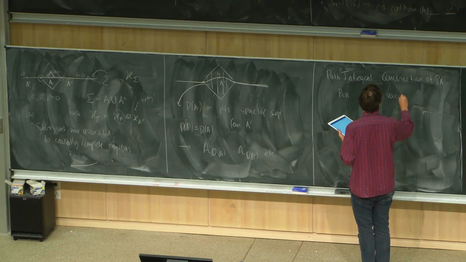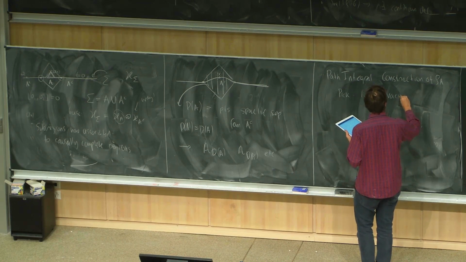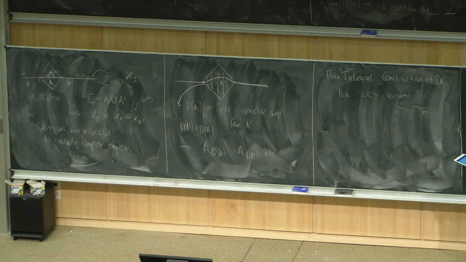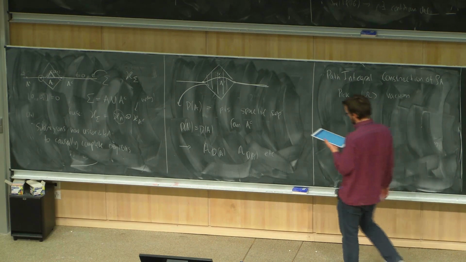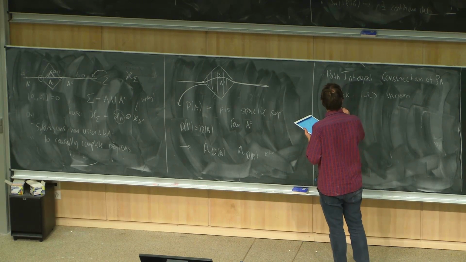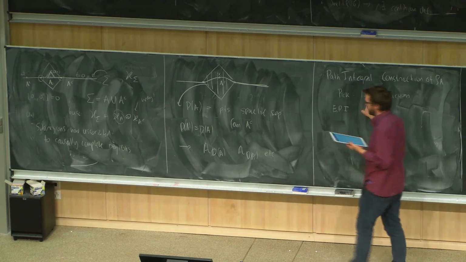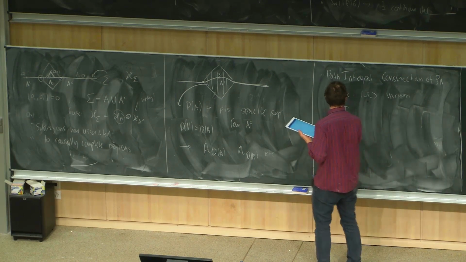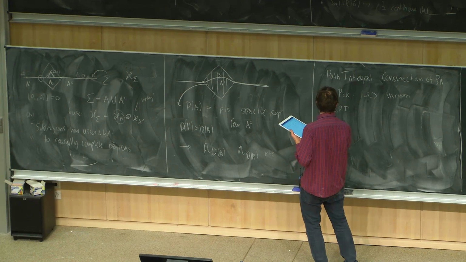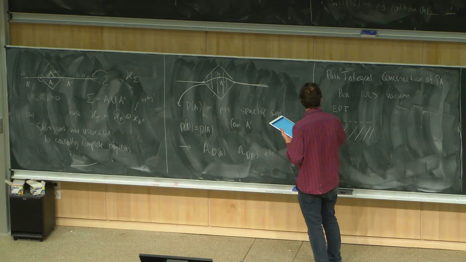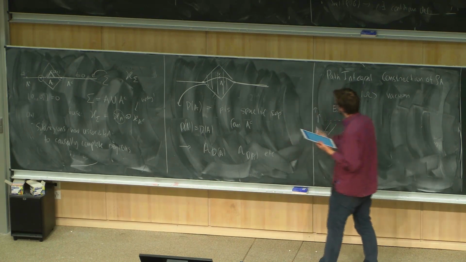And the reason I do that is it's very simple to prepare the vacuum with a path integral. Okay. And there's a standard Euclidean path integral which computes the wave function of the vacuum. And there's a picture for it and an equation, and I'll write the picture first. So the picture is like this. We do a path integral in the lower half plane of Euclidean time. So this is Euclidean time.